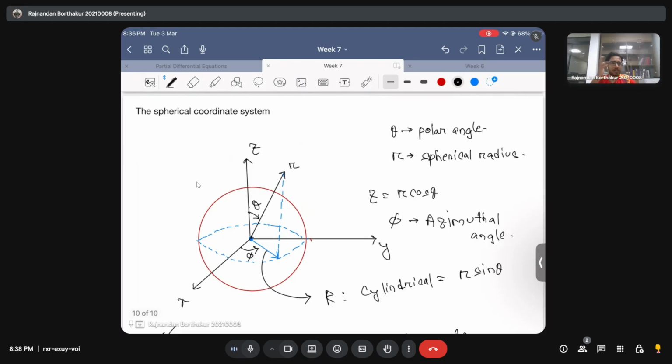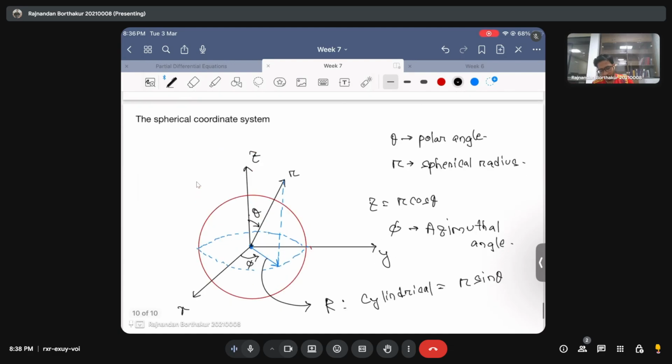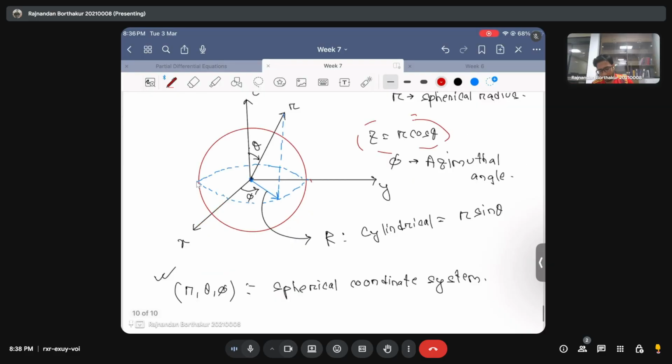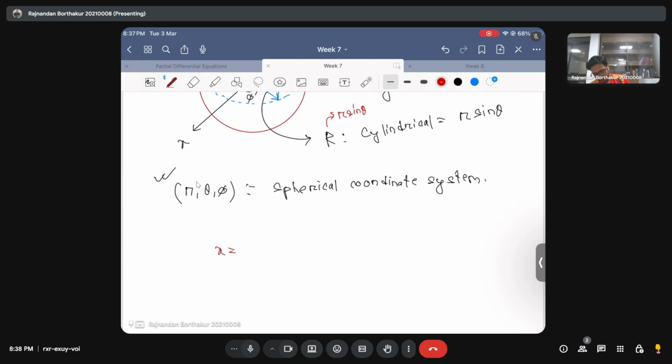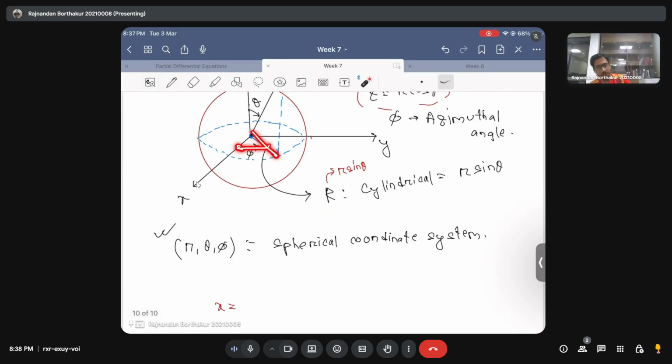So you can relate the spherical coordinate system with the Cartesian coordinate system. One relation we know is that z is equal to r cos theta. You can use one more relation. For instance, this capital R is nothing but r sin theta, right? So then my x becomes capital R cosine of phi.